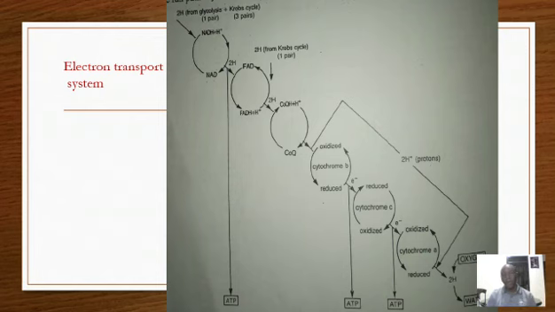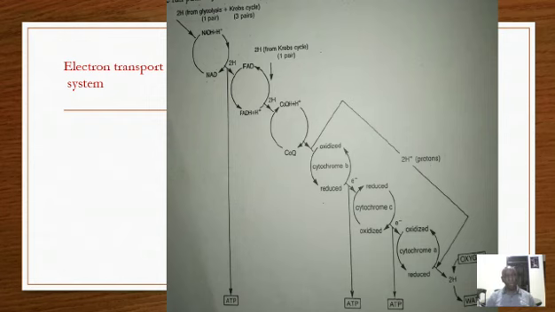FAD is then reduced to FADH2, that in turn loses its hydrogen atoms. But in the process of hydrogen atoms being passed from NADH2 to FAD leads to liberation of the first ATP molecule.